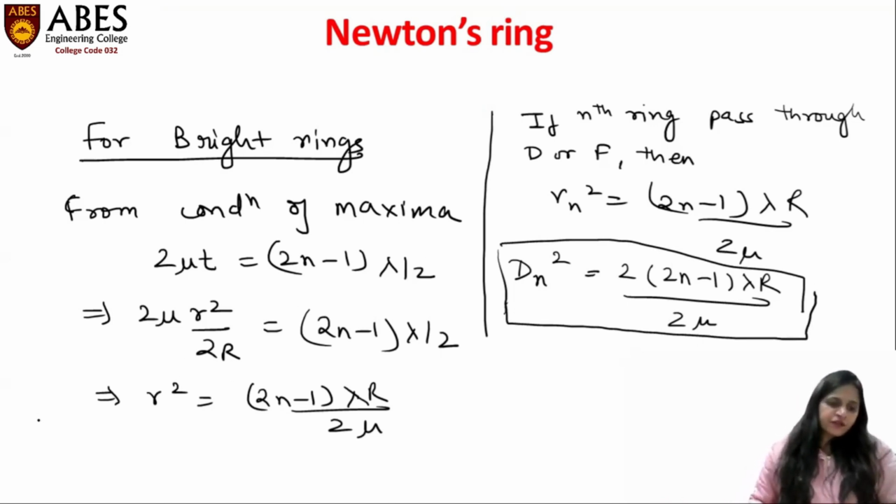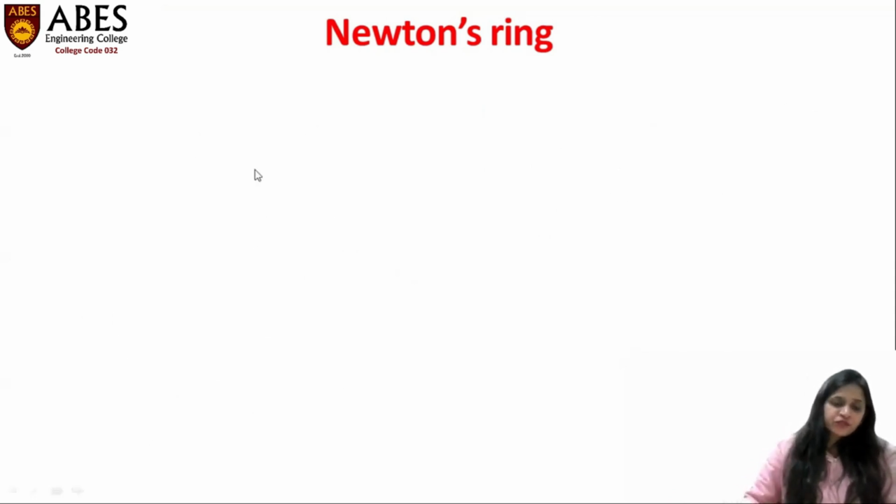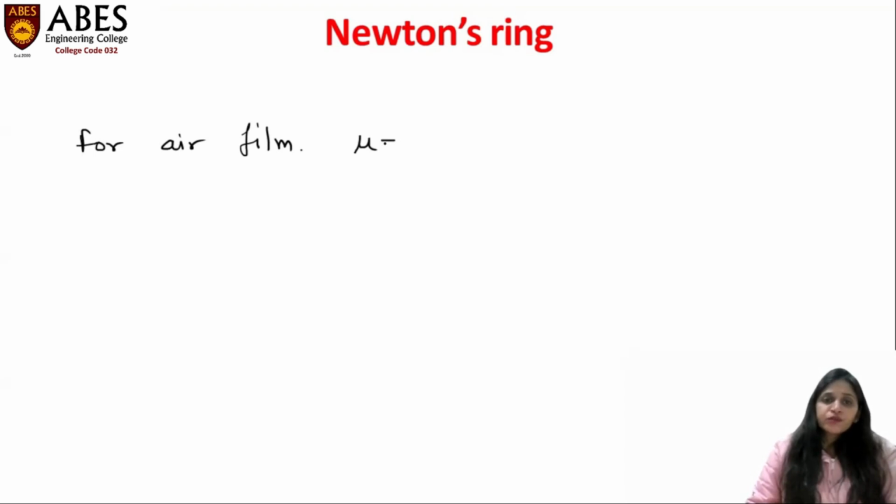Let us move further. Between the plano-convex lens and the glass plate, an air film is forming. For air film, the value of mu is 1.